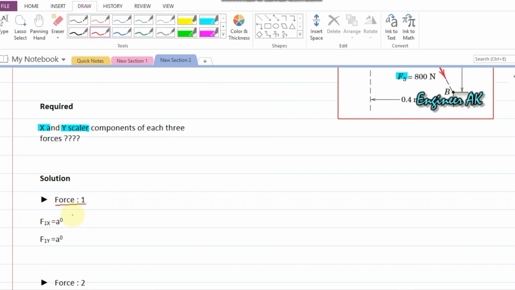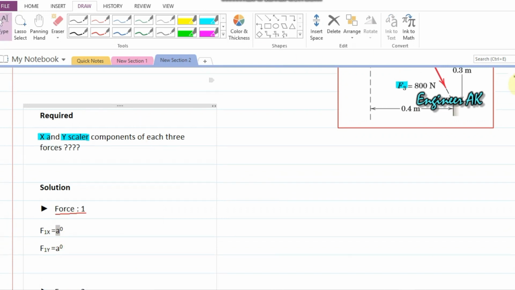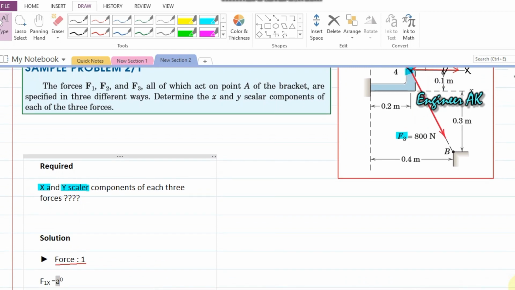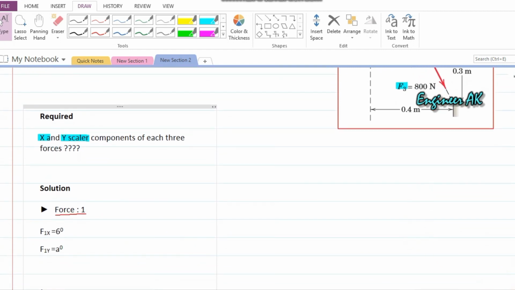We know that the magnitude of this force is 600 Newton, at a 35 degree angle. So the x component is 600 cos of 35.